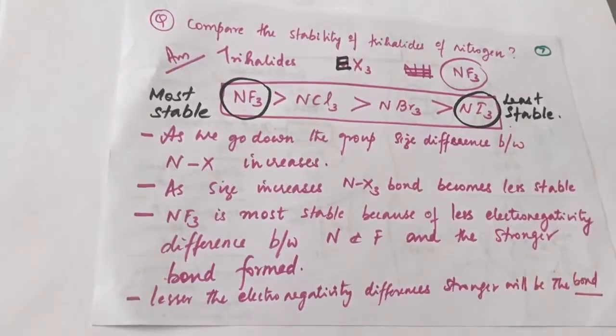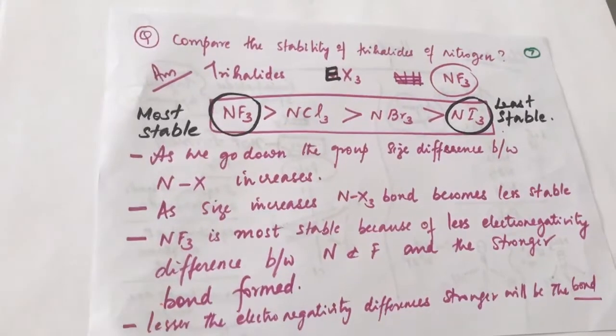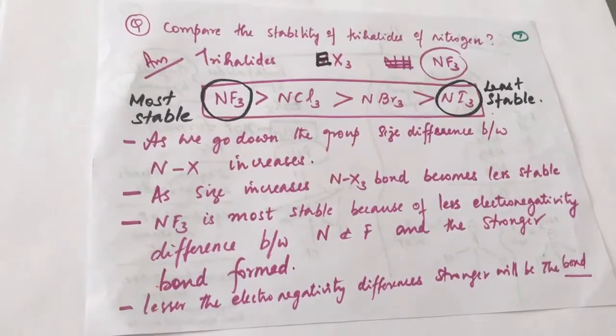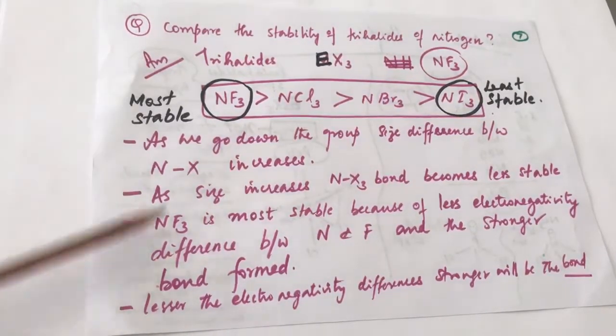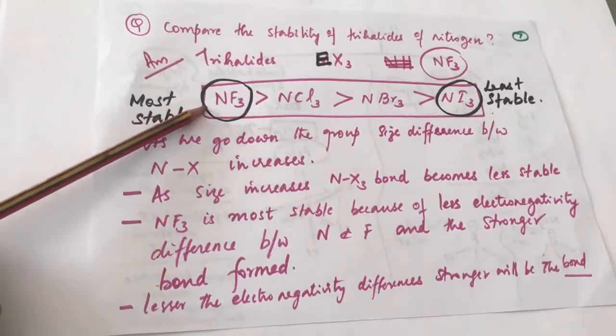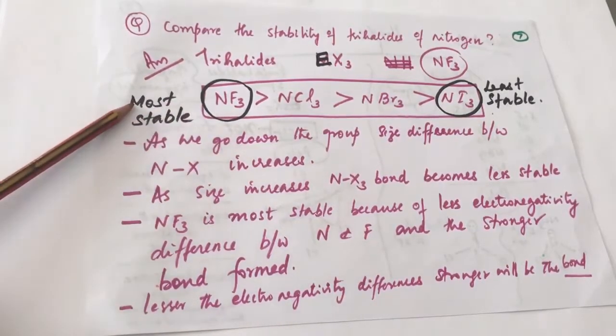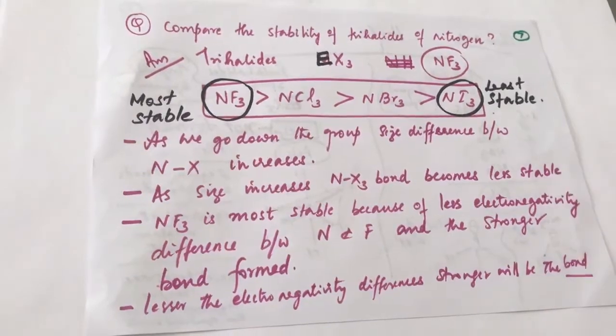I hope you understood. These are normal questions. As we work up the group, we will know what questions are basically asked from this, and then we will arrive at conclusions. So this is the answer to compare the stability of the trihalides of nitrogen. Go through this, write this down, put this in a box, then write most stable here, least stable here, and study it well.